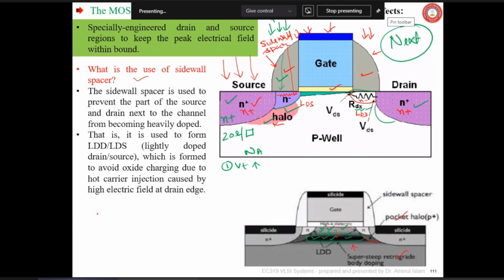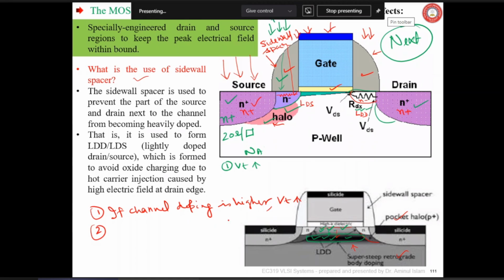Firstly, if channel doping is higher, channel means just under the gate at the surface of the substrate, then VT will be higher. Okay, VT will be increased.